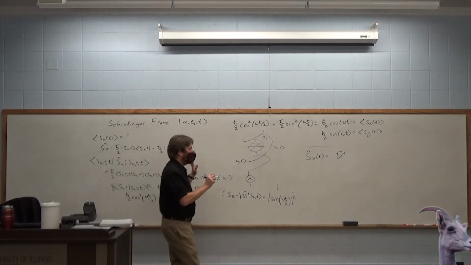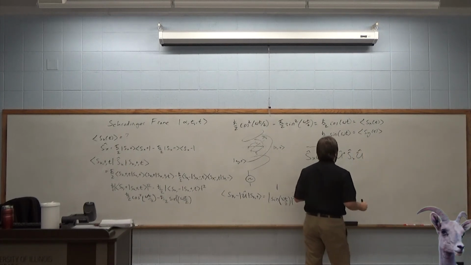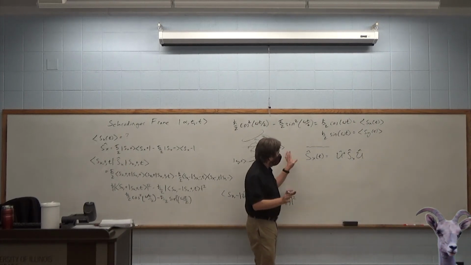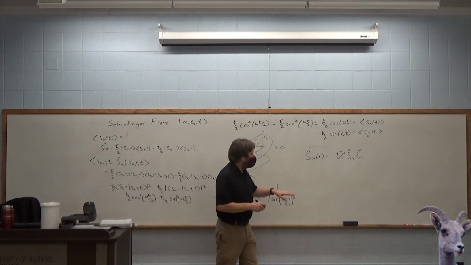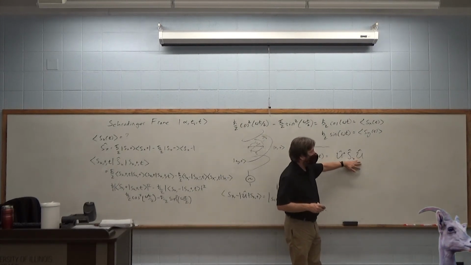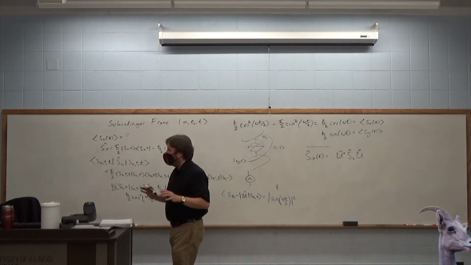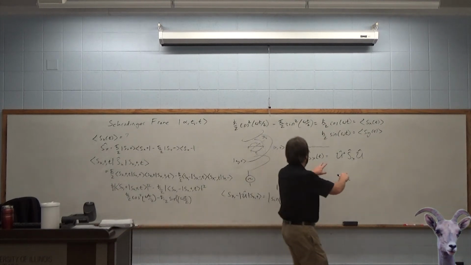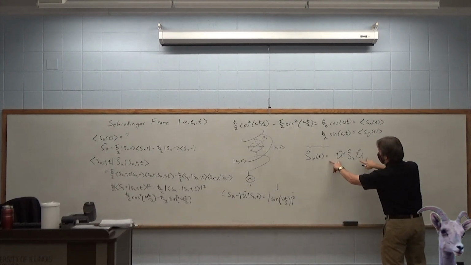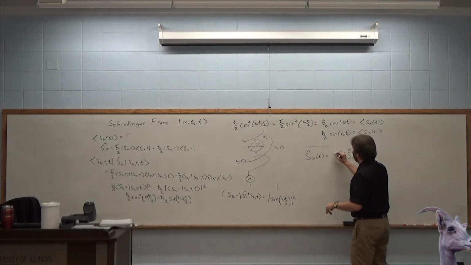I just didn't put it in here. At this point you should know what I'm talking about. No bra, no ket, I'm just doing the operator. So what I'm doing is this operator is evolving in time. The states will not. I can either have a bra and a ket and let those evolve in time, and it's not that big a deal.